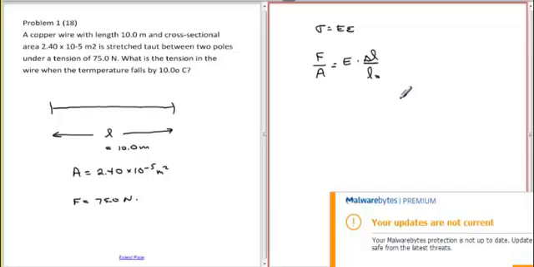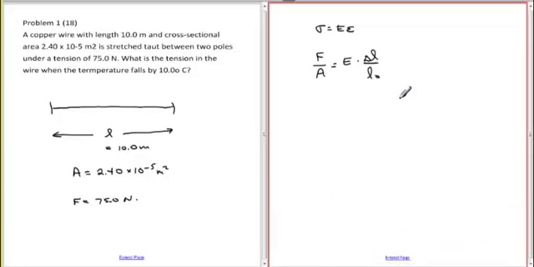So what we can do here is you can figure out, really this 10 meters relative to the length, we could almost say L0 is 10 meters.